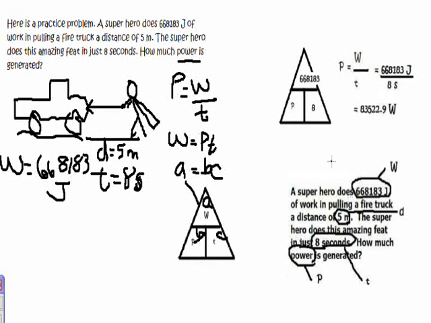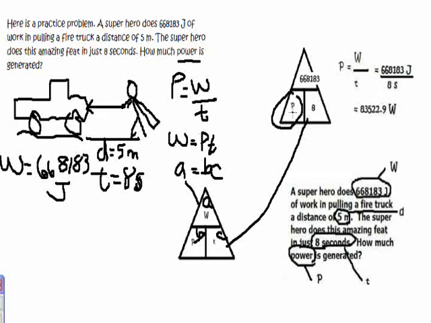So next step is to come over here and start substituting the values for your variables. So I know my work is 668,183 joules. I know the time is 8. So now it's a matter of figuring out the power. Now to use the magic triangle, all you need to do is, if you're looking for one of the corner variables, you simply divide the top by the bottom.